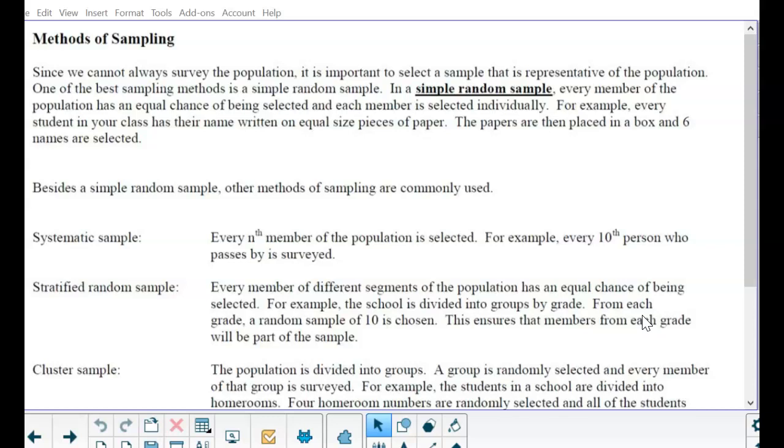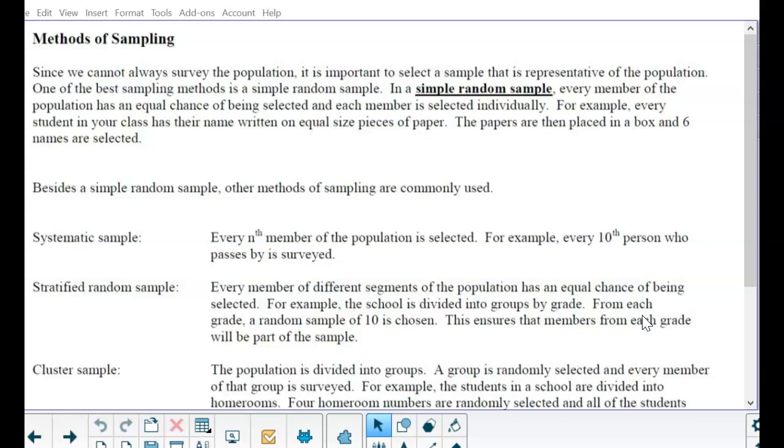And then self-selected, that's where people volunteer. You've probably gotten phone calls at home or in the mall where they'll come up to you or call you: can you answer this survey? And you decide to do it. Usually the people that are interested in something will volunteer, so it's not quite as random because you're deciding to do that.